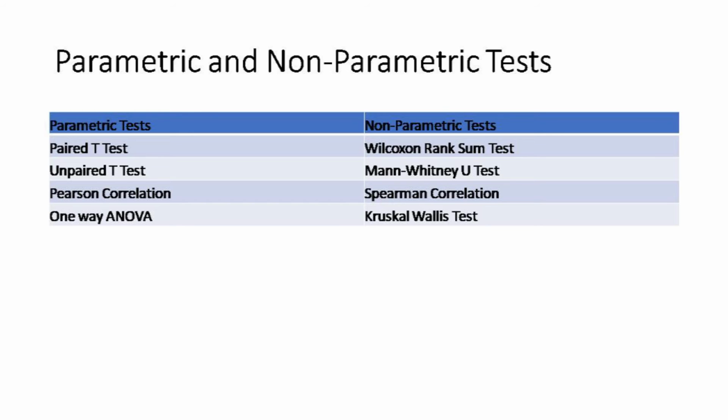Parametric tests can be z-test, paired t-test, normal t-test, t-test for two populations, Pearson correlation, one way ANOVA, whereas non-parametric tests are Wilcoxon signed-rank test, Mann-Whitney test, Spearman rank correlation test, Kruskal-Wallis test, Kolmogorov-Smirnov test.